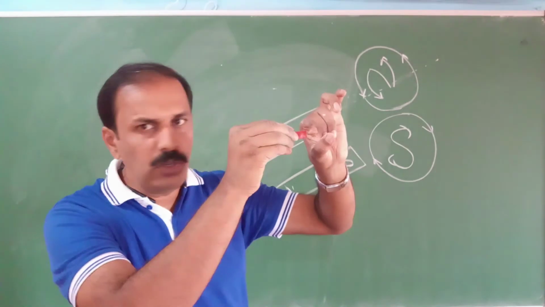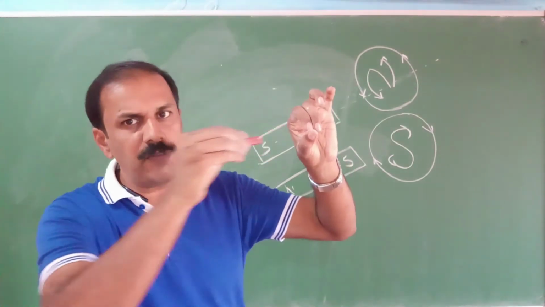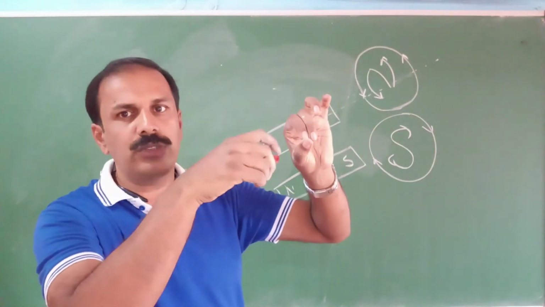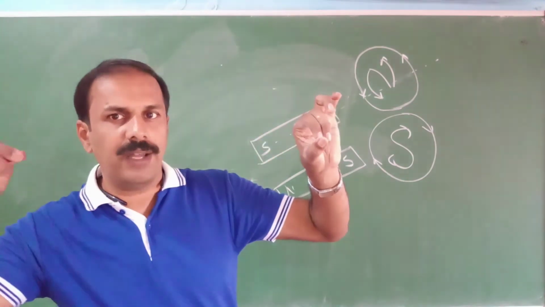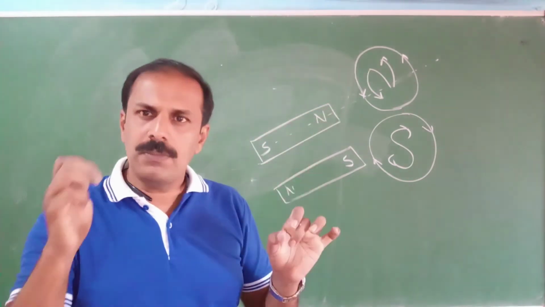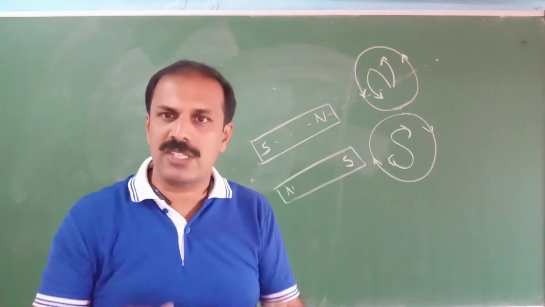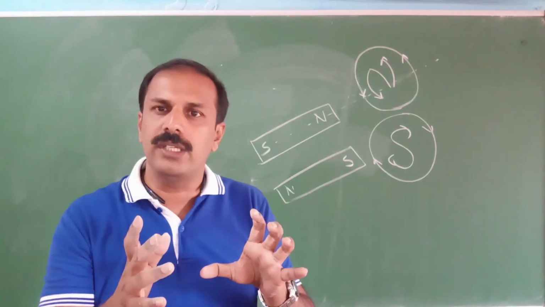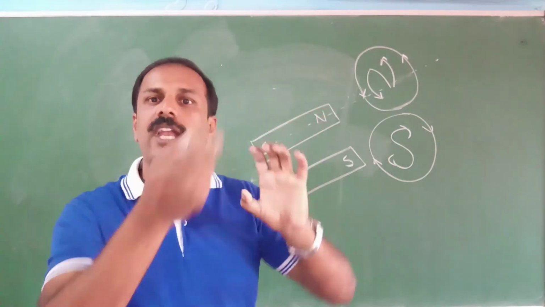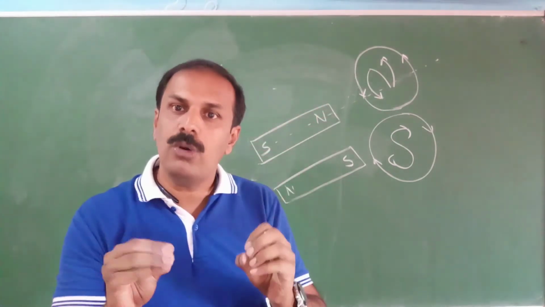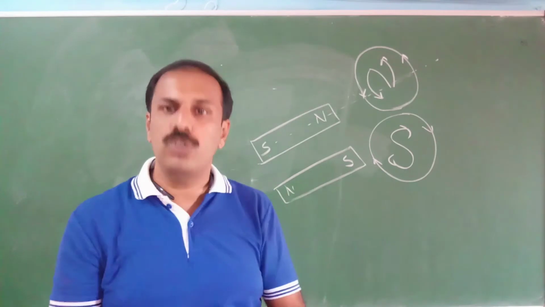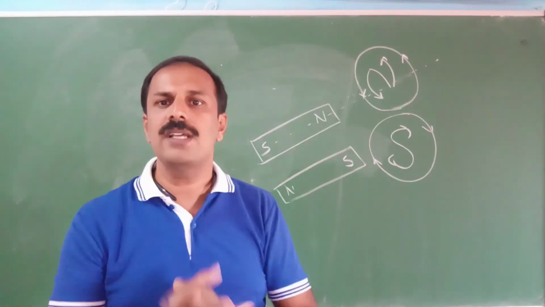Opposite, if you remove north away from this one, this side will become south. If you remove south from here, then it will become north. Or simply we can say, whenever we change the magnetic flux, the induced current will be in such a way that it will oppose the change which you made. So that is our Lenz's law.